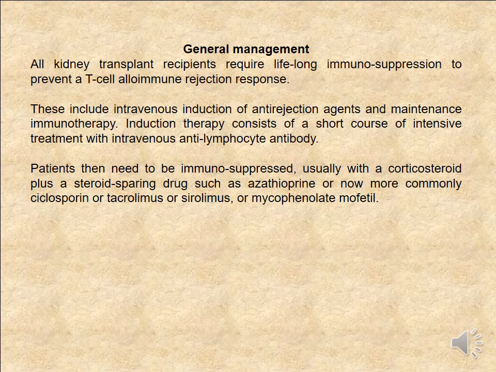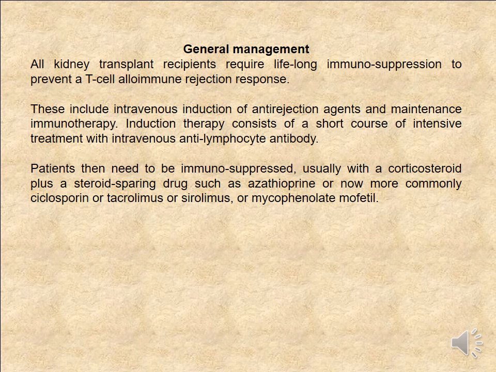How do we manage patients who have a kidney transplant? All kidney transplant recipients require lifelong immune suppression to prevent a T-cell alloimmune rejection response. This includes intravenous induction of anti-rejection agents and maintenance immunotherapy.